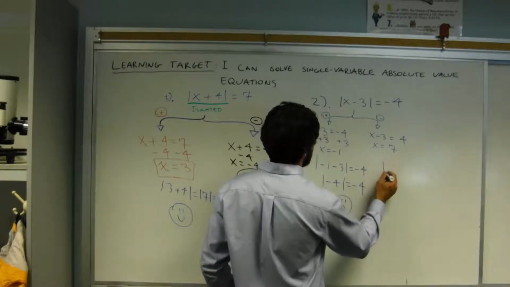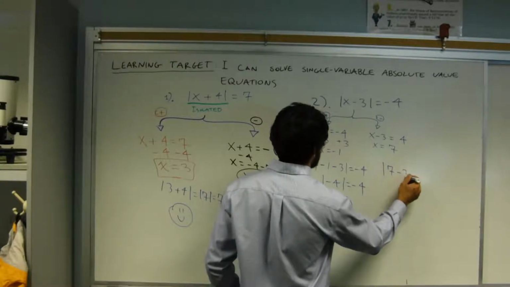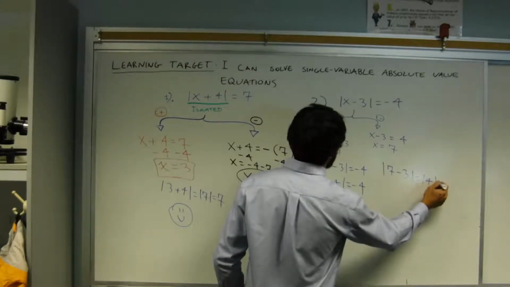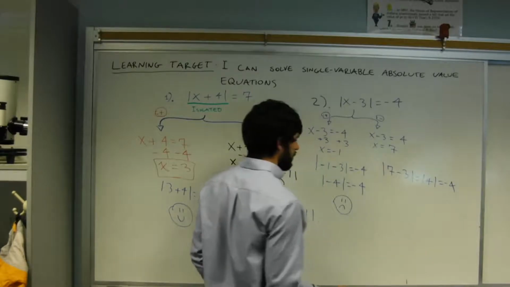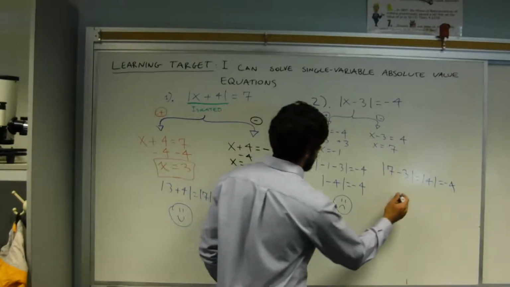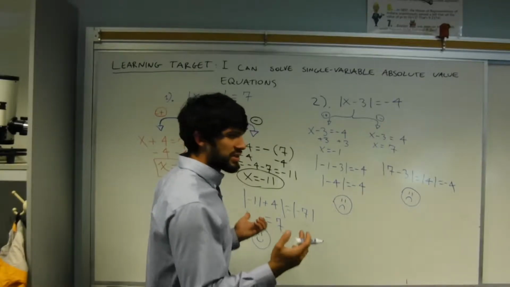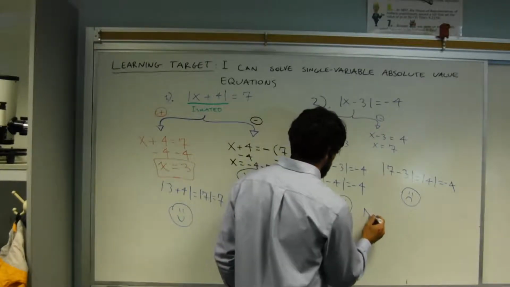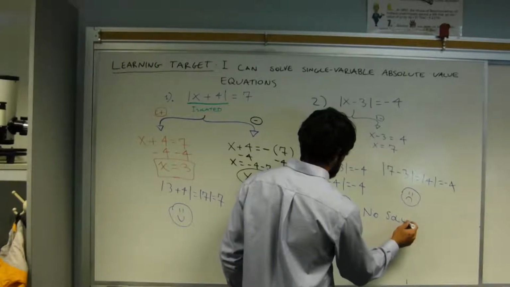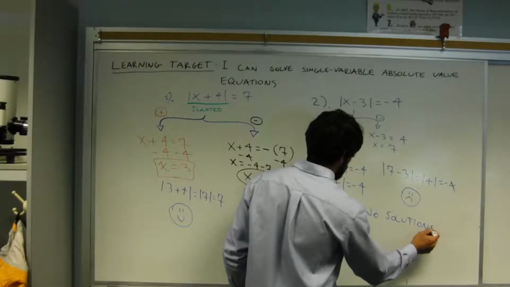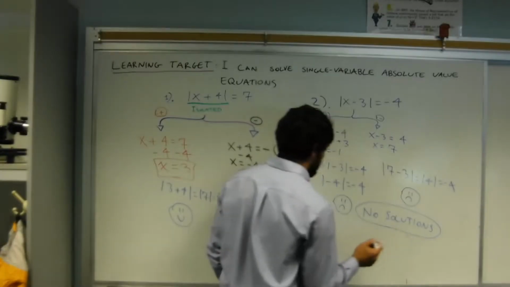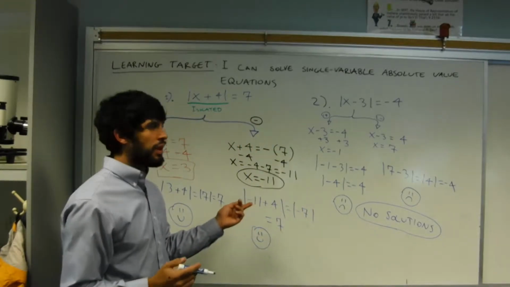If we plug 7 back into the original equation, we're going to get the absolute value of 4 is equal to negative 4. Same scenario. That doesn't work. So what we know now is this equation actually has no solutions. That's what you write down as the answer for this equation.